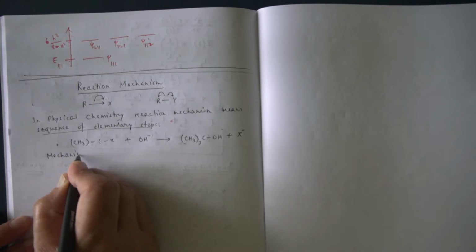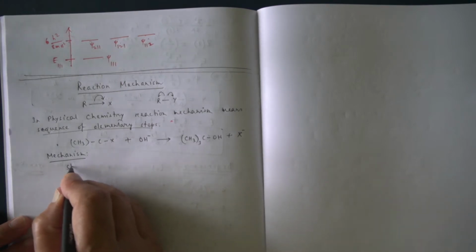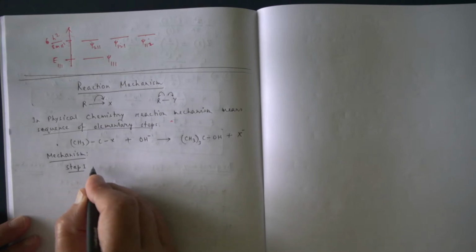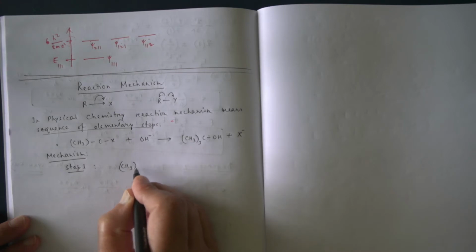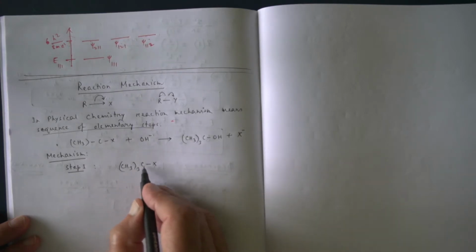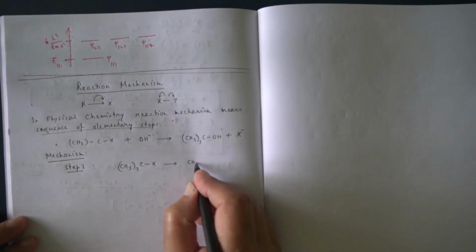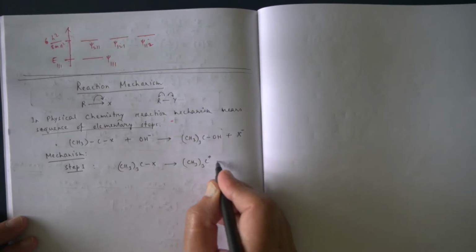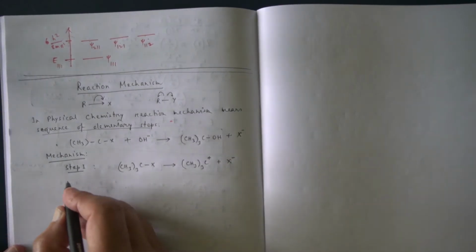Step one is heterolytic cleavage of the C-X bond to form a tertiary carbocation. This is step one.